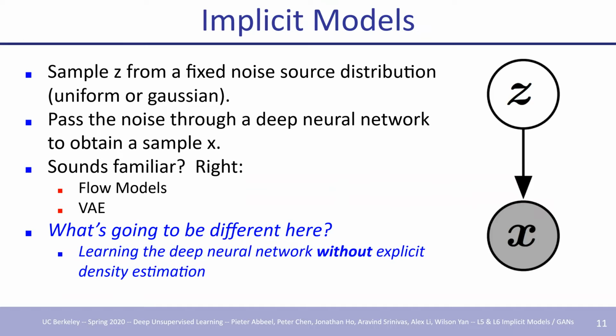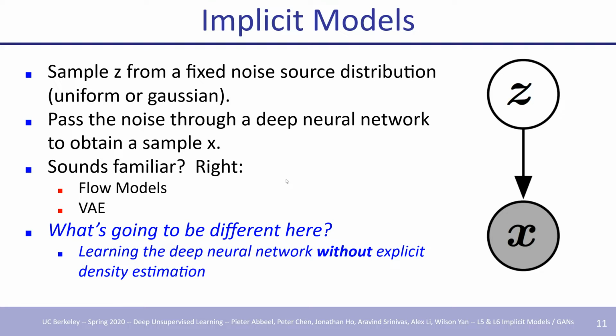Okay, so why implicit models? We sample from Z, and we can take any noise, meaning just some random values for Z, and pass it through a neural network, and then we'll actually get an image. It's similar to our flow models and VAE.